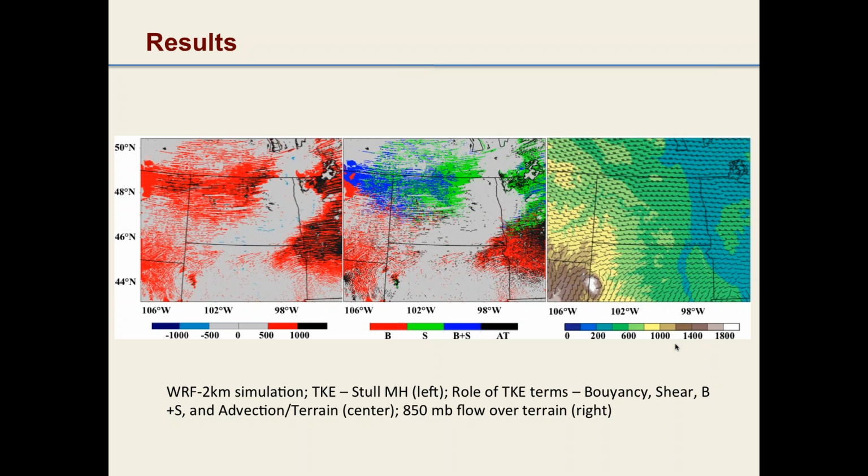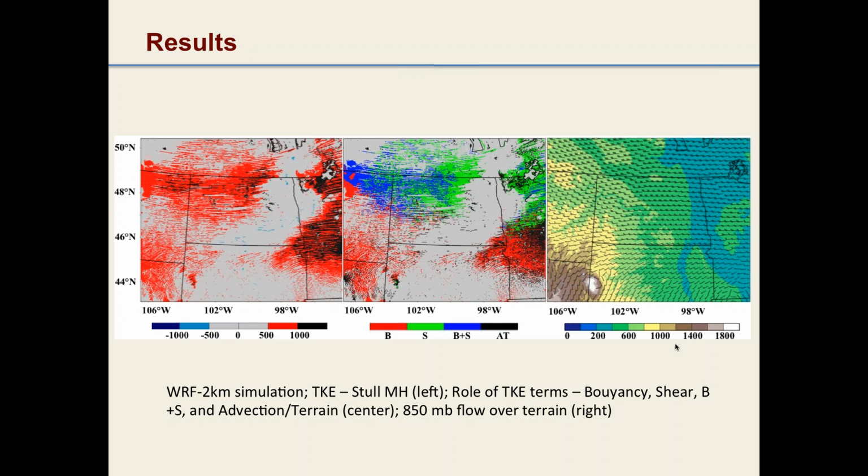But then if you look in the center panel, that's a breakdown of all the terms that go into TKE. The B is the buoyancy term, the S is the shear, the B plus S, which is blue, which is a combination of both buoyancy and shear. And then there's an advection terrain component. And you can just see how the TKE is sort of behaving in this case and why, which term is sort of driving why the height is slightly greater.